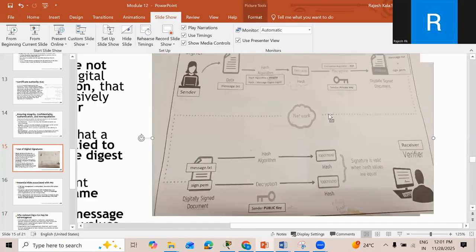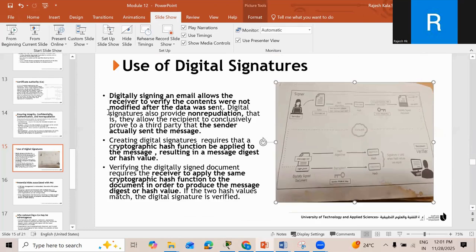To create a digital signature, we use a hash function, which generates a message digest or hash value. Then this is encrypted using the sender's private key to get the digital signature. It reaches the receiver, who separates the message and the digital signature.